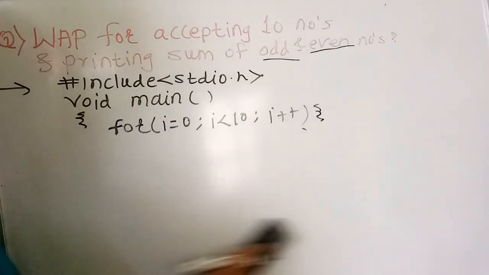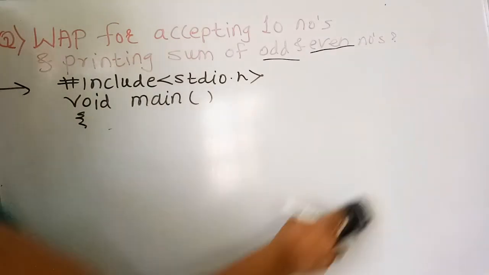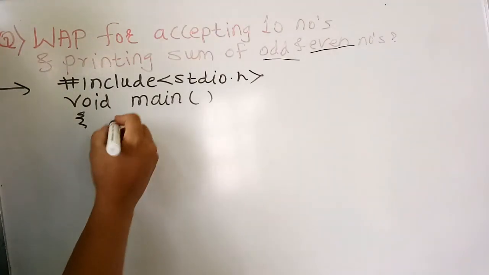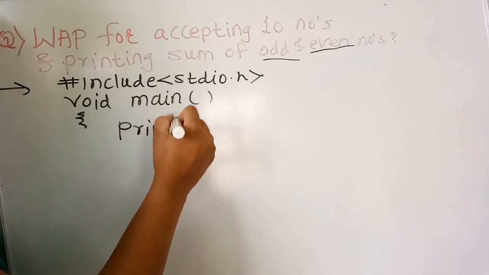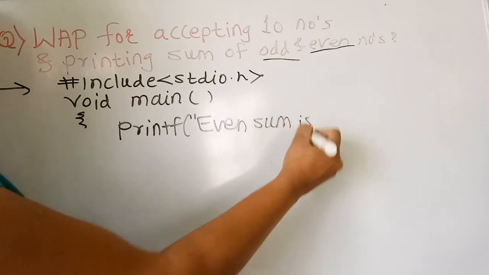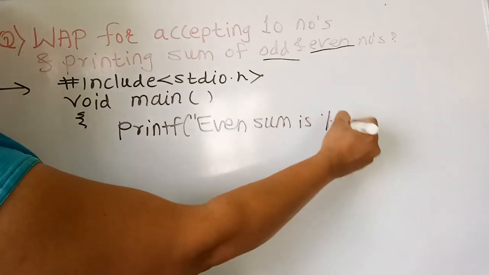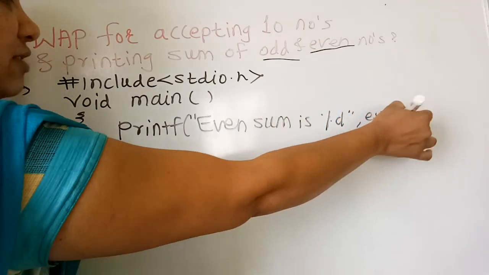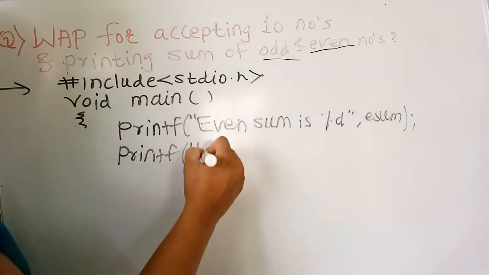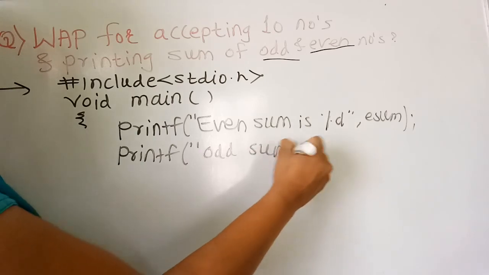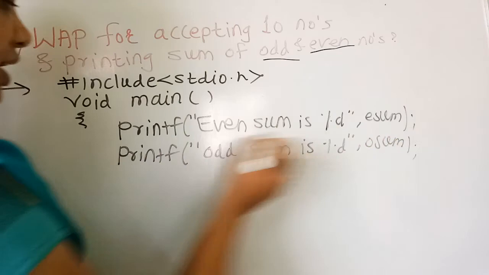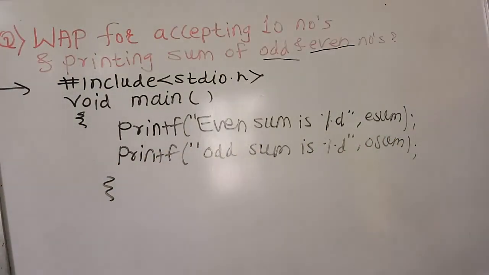For printing any single number we will not require a for loop, so we will avoid writing the for loop and simply write printf even sum is, and in which variable the even sum is stored, that is the even sum variable, we will display only that variable. And for printing the odd sum, printf odd sum is percent d, odd sum. And now we are completing our program.